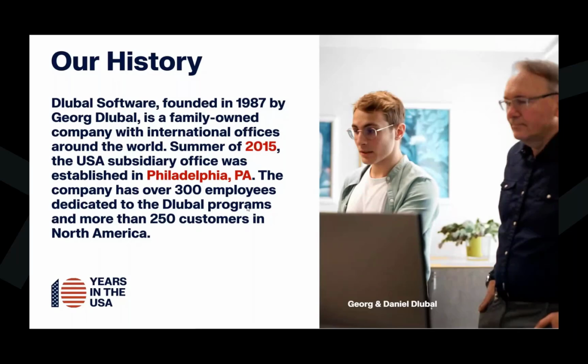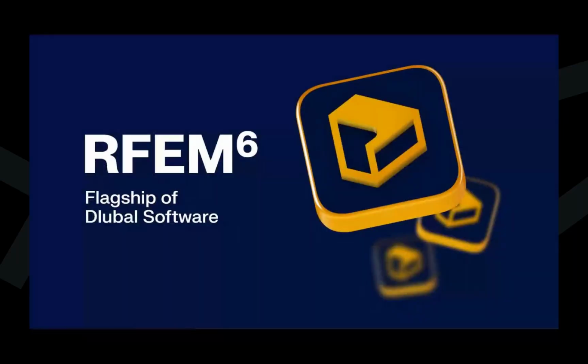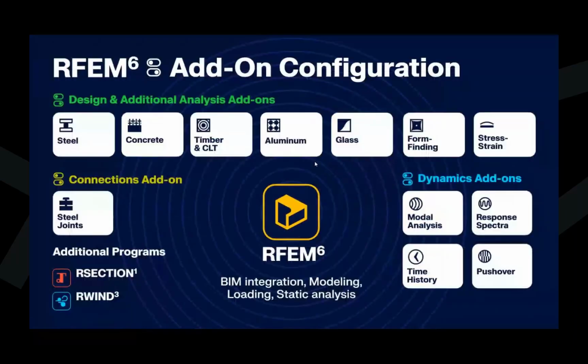So now moving on to RFEM 6. This is going to be the flagship of the software that we offer. This is our general FEA program that we'll continue to dive into the details of here for structural analysis and design. For those of you not familiar with our software, RFEM 6 is the base program.